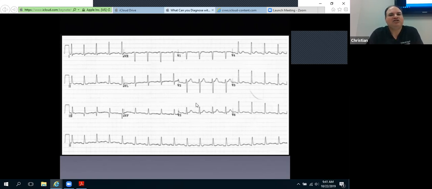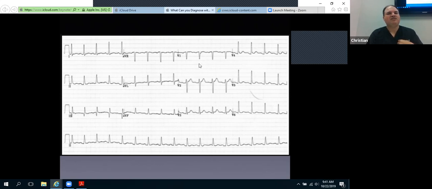And then you have the progression of the V leads, your precordial leads, where because you're on the right side of the chest, it's mainly negative, and you're up above the ventricle, so most of this is moving away from you, right? When you're over on V2, again, most of this is moving away from you.